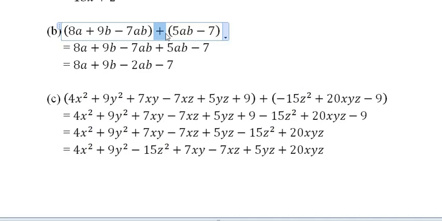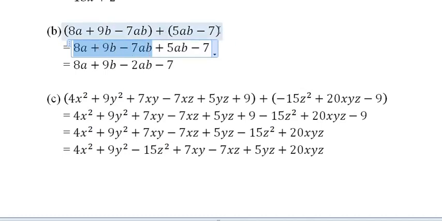If you are doing addition, you have to write the sign of plus. If you are doing the subtraction, then you have to write the sign of minus. Now when you open the bracket, remember that the first expression will be the same. 8a plus 9b minus 7ab will be the same.